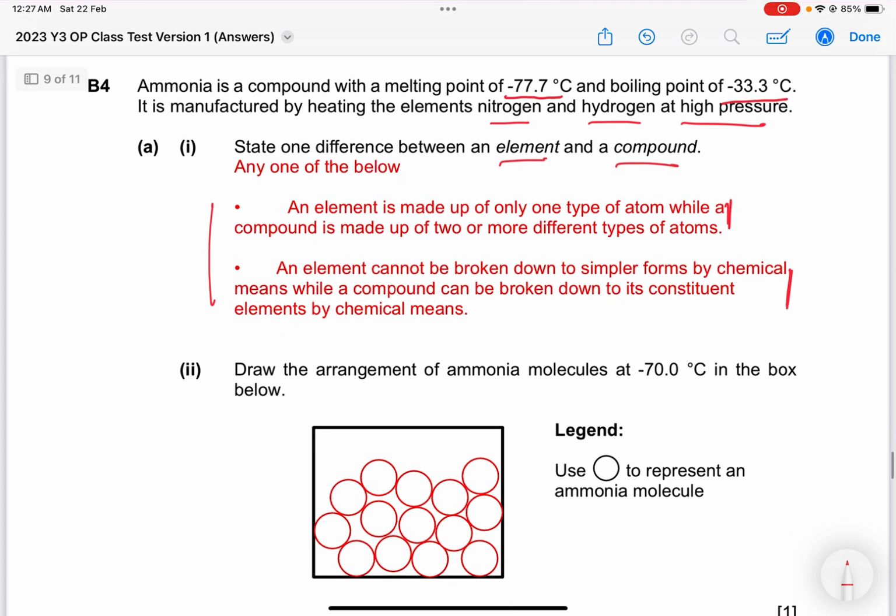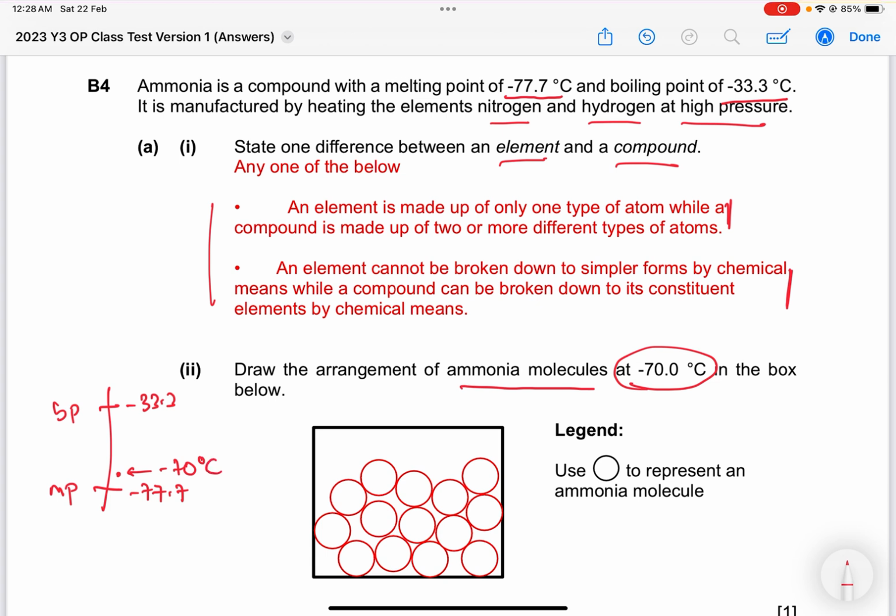Next one, part 2. Draw the arrangement of ammonia molecules at negative 70 degrees Celsius. So I know that ammonia, they say melting point is negative 77.7. The boiling point is negative 33.3. So negative 70 is over here. This is the region where it is a liquid. Below is solid, above is gas.